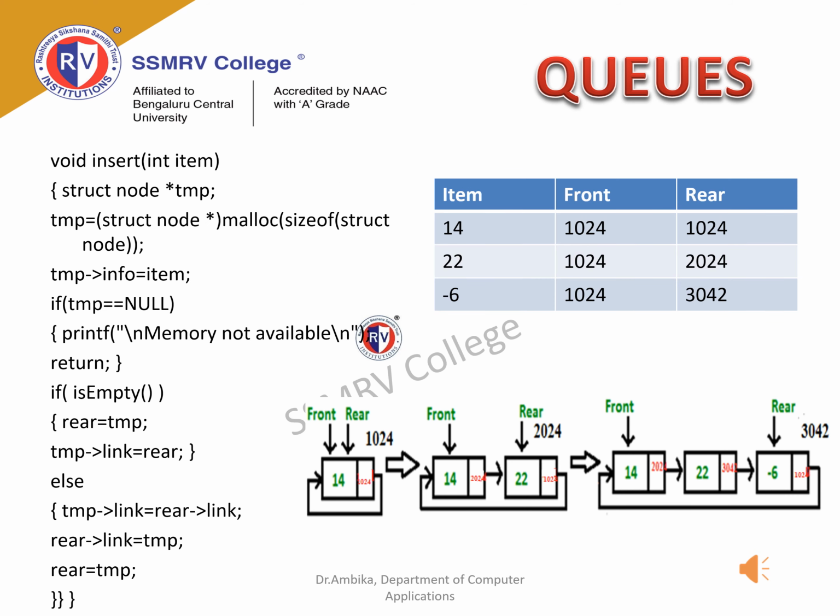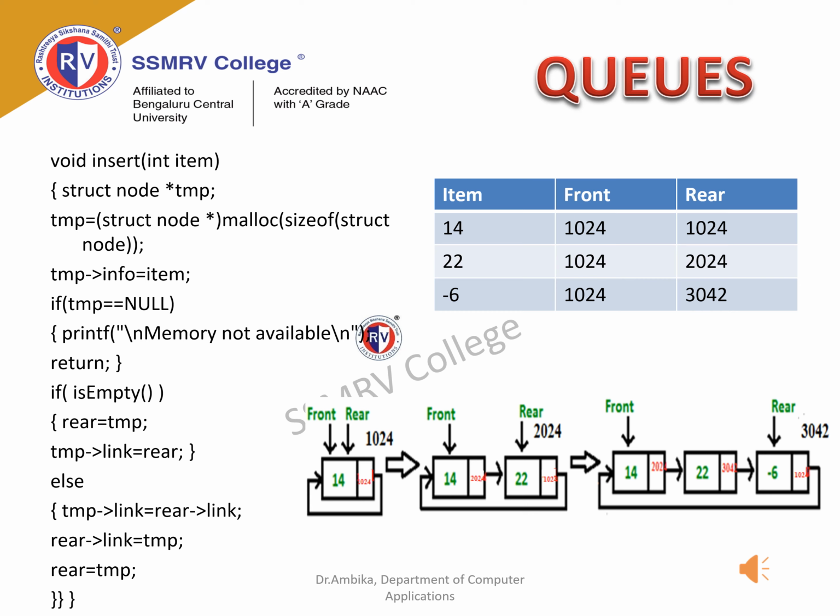If the user makes a call to the insert function, a new node by name TMP is created using malloc function. The value entered by the user is stored in TMP info division. TMP is evaluated. If it turns to be null, printf statement is displayed and the control is returned to the main function. isEmpty function is evaluated. If it turns to be true, rear is initialized to TMP.